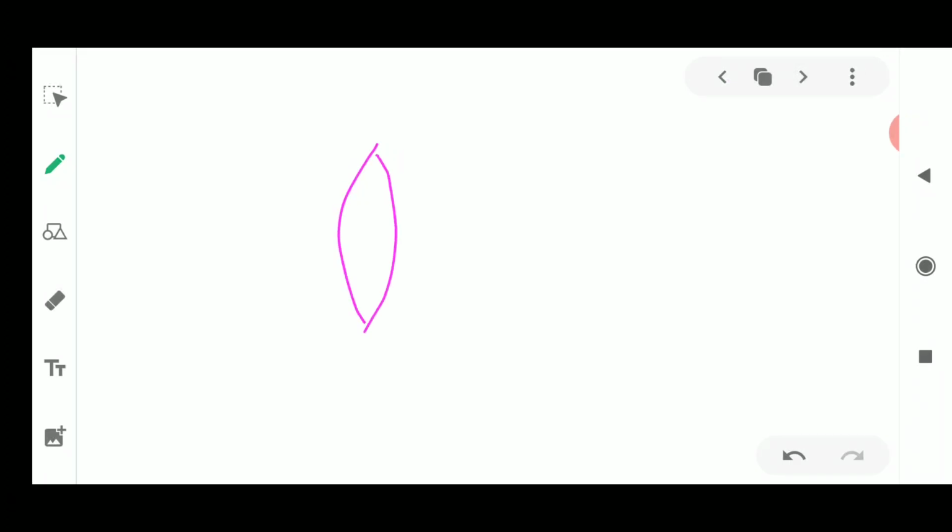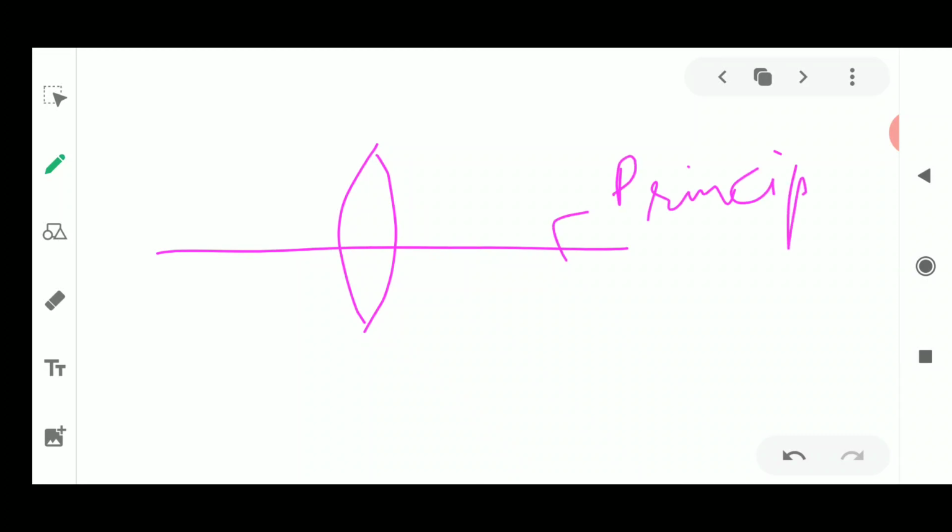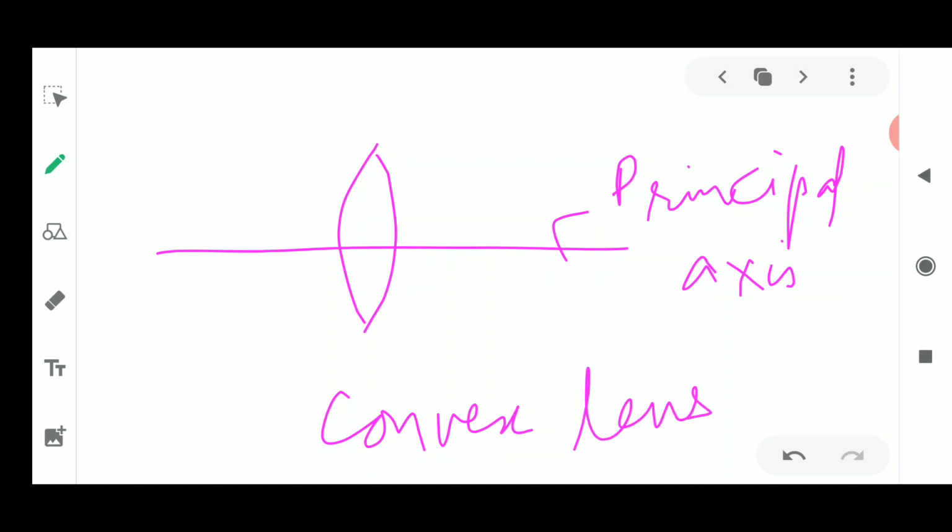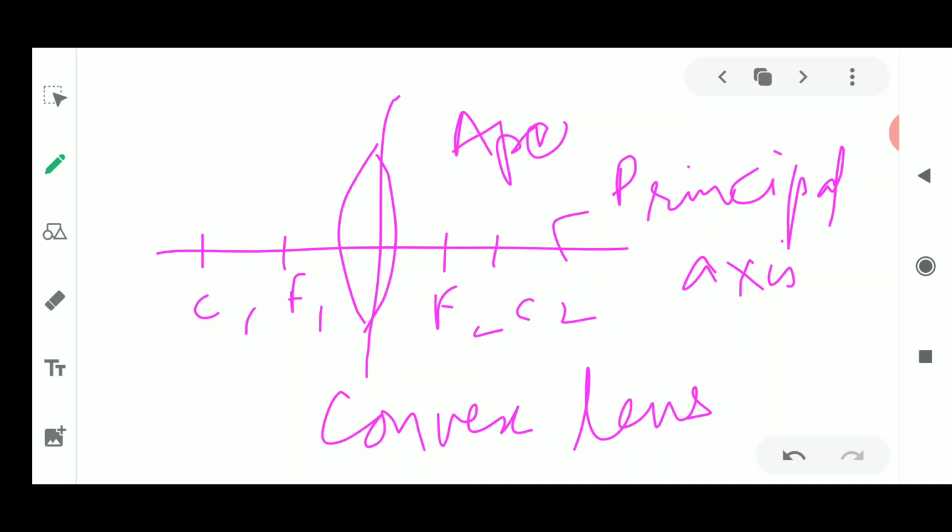This is a convex lens, and this is the principal axis of this convex lens. If we talk about the center of curvature, this is C1, this is C2, and you could see F1 and F2, and this one is the aperture.